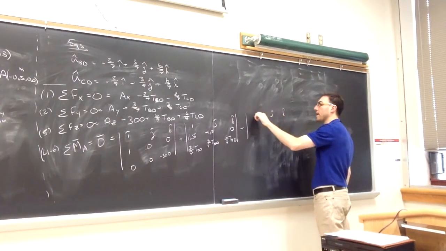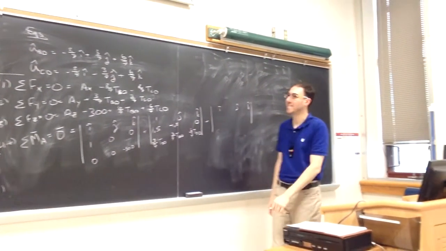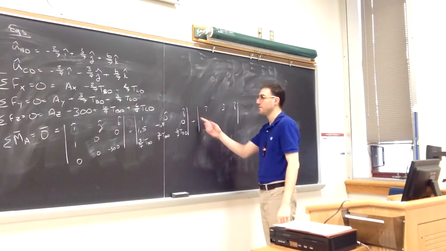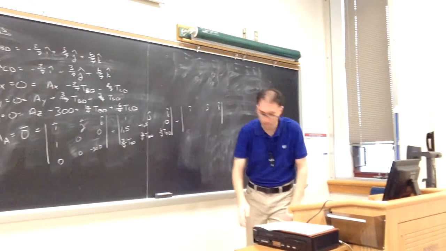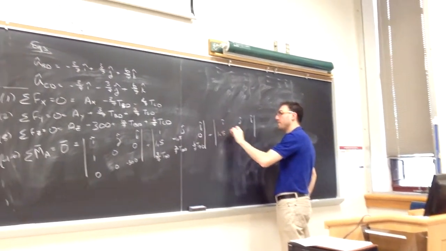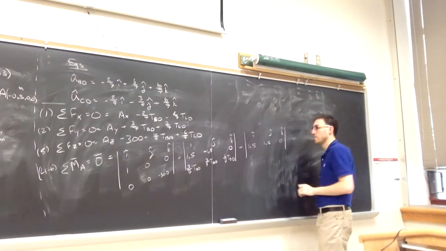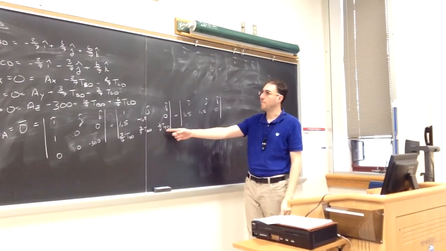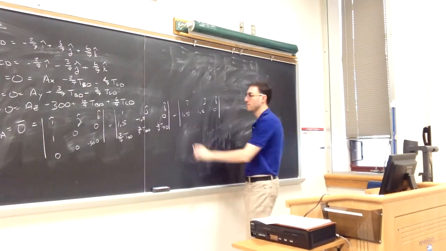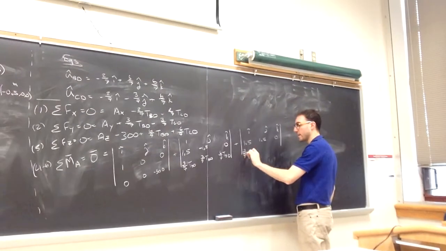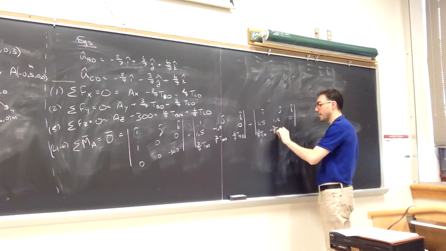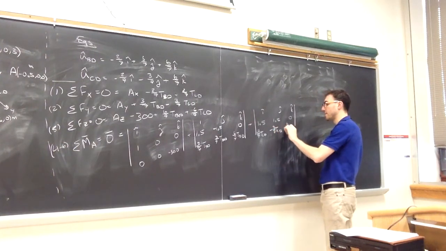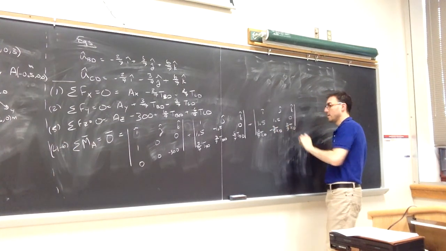And I do the same thing for the moments caused by TCD. I have to use RAC, which will be 1.5, 1.5, 0. And then the components of TCD, which will be negative 2/7 TCD, negative 3/7 TCD, and 6/7 TCD.